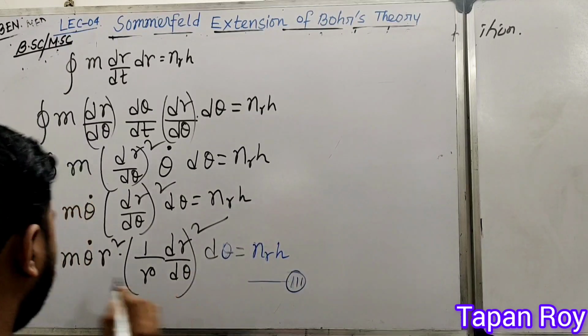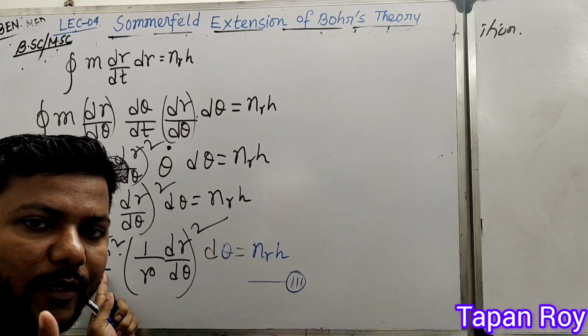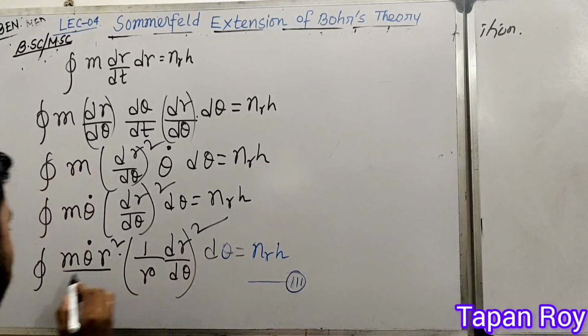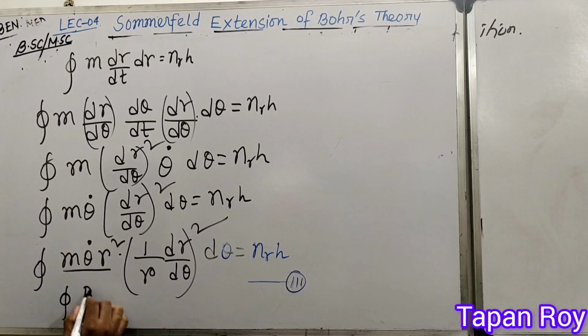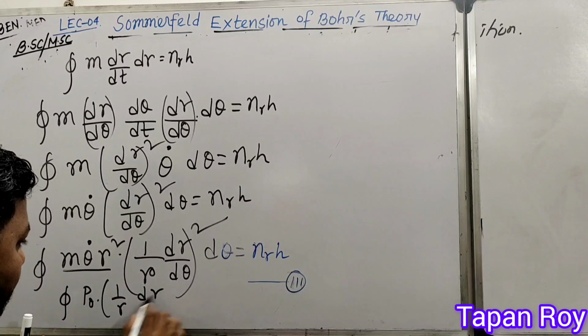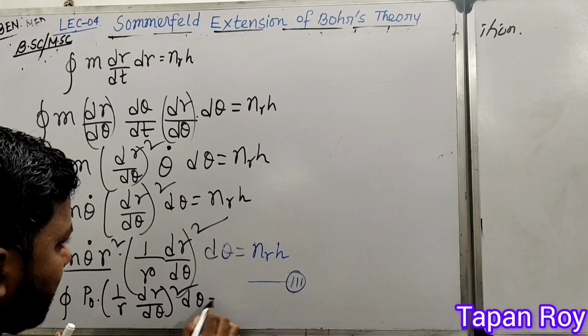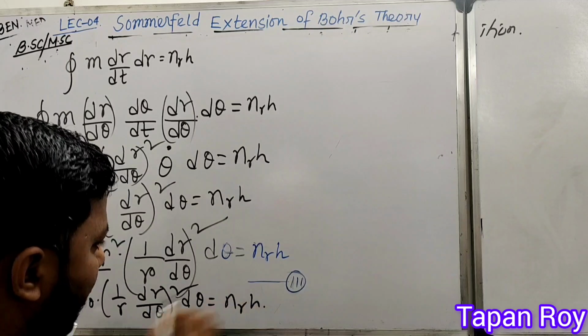So here also, what is M theta dot into r square? M theta dot into r square means p theta, right? So integration p theta into 1 by r dr by d theta whole square into d theta is equal to nr into h.